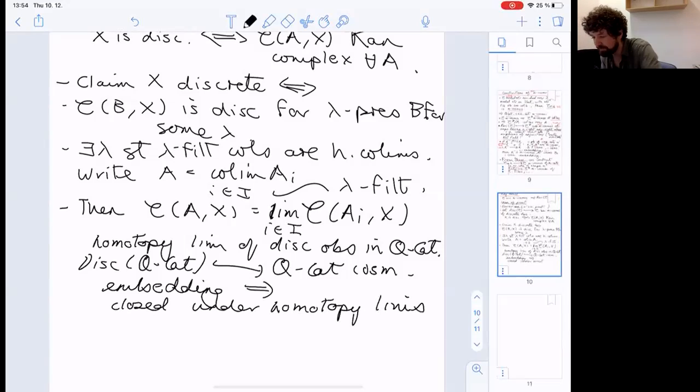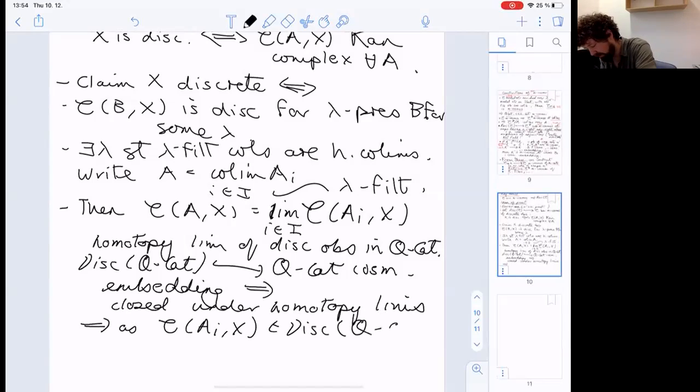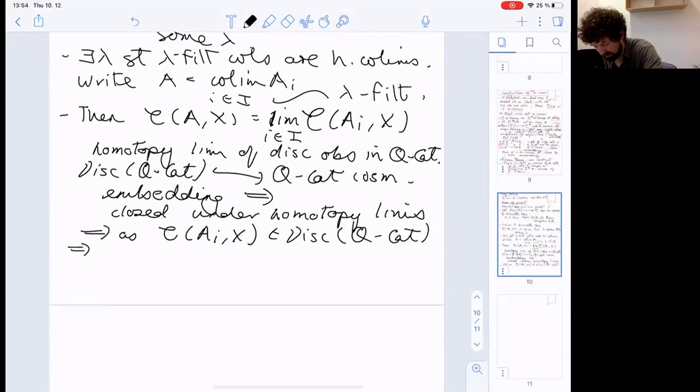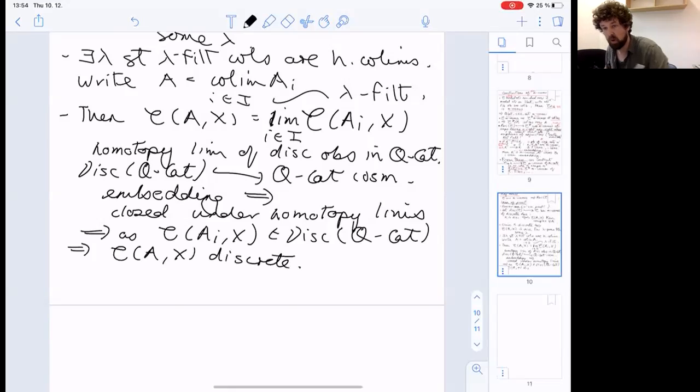And therefore, as the C(A_i,X) are all discrete, it implies that C(A,X) is discrete. Okay, which is what we wanted, and that means that X is discrete.